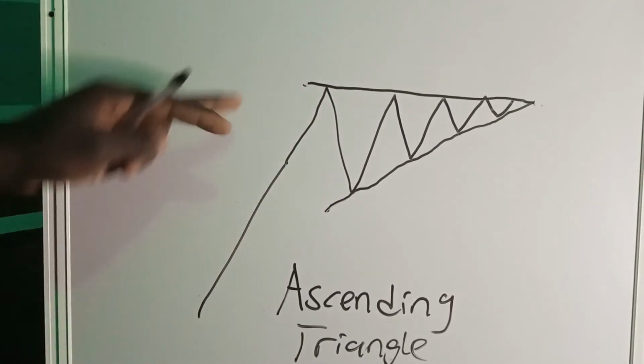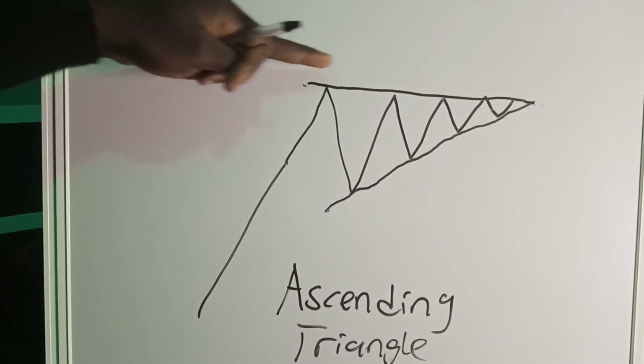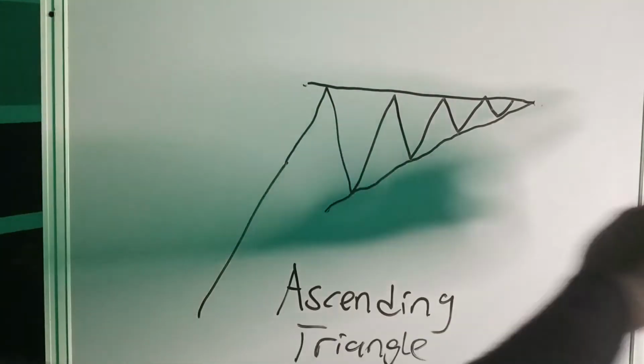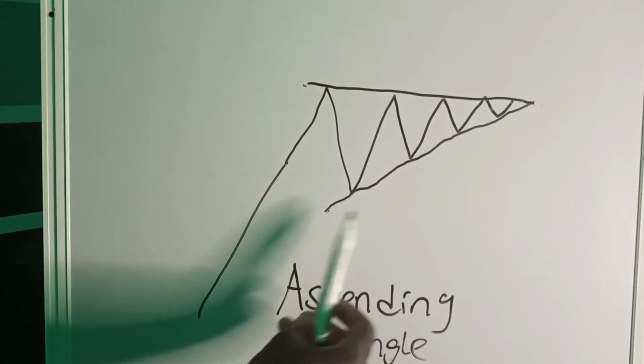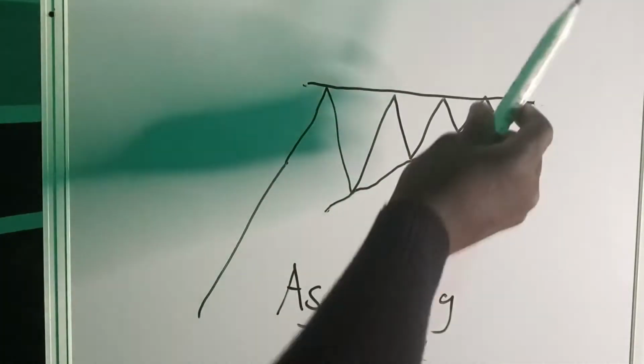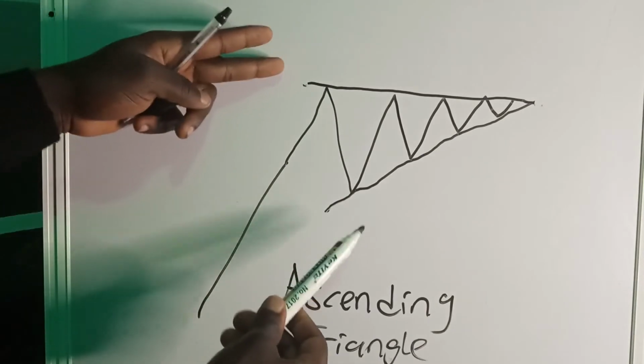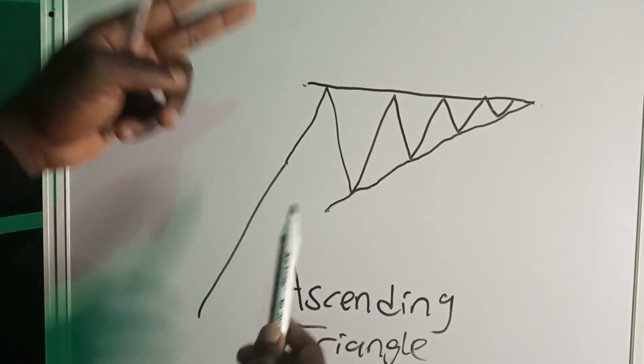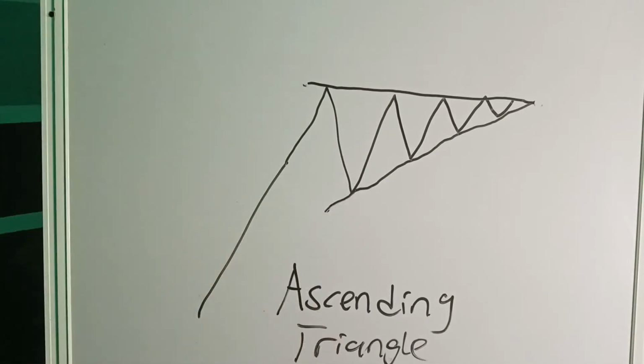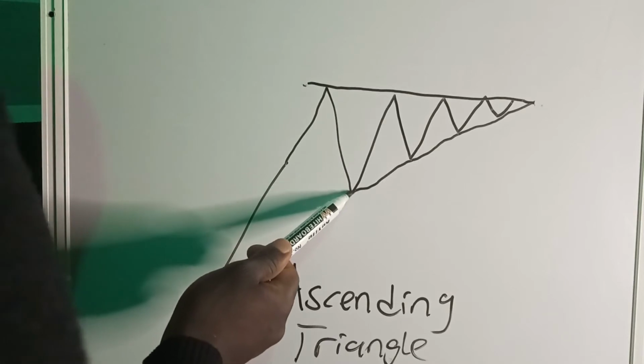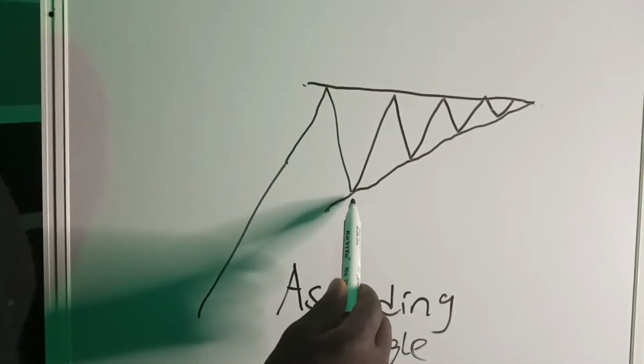As you can see, this resistance is a horizontal resistance, it's going sideways, while this is going upwards, it's ascending. Now this is a triangle, isn't it? This is why it's called an ascending triangle. Most times this is a bullish continuation chart pattern. It tells you that the market is making higher highs.